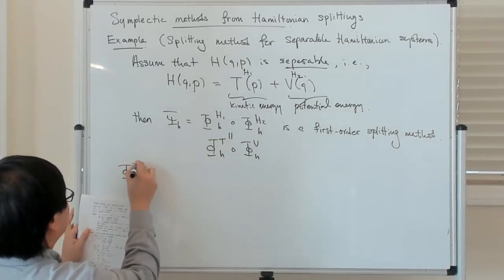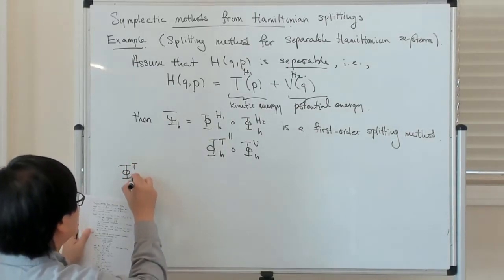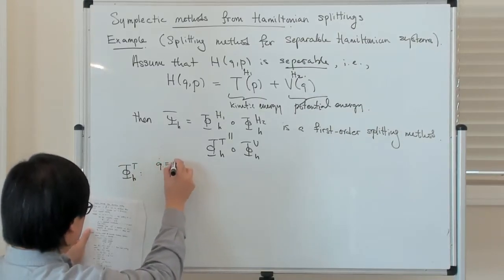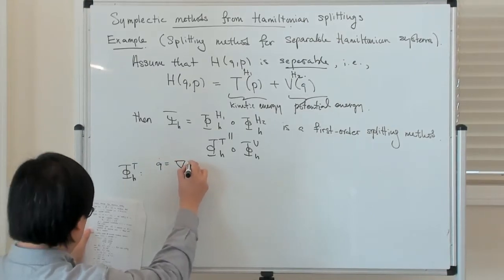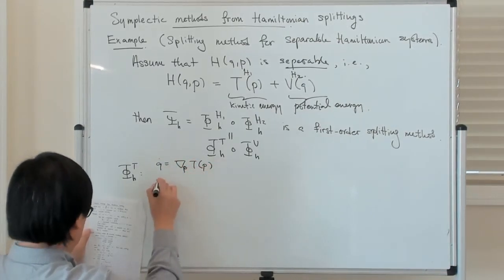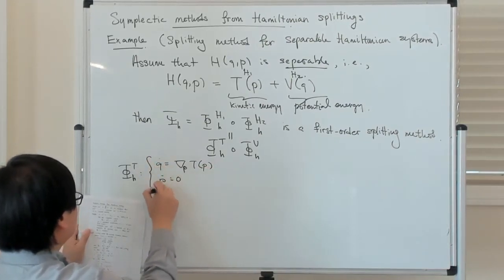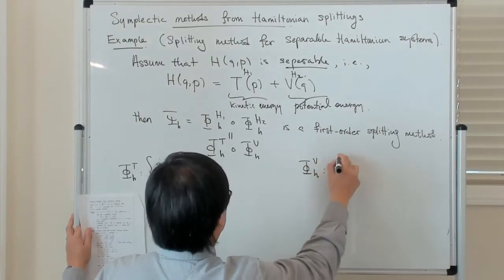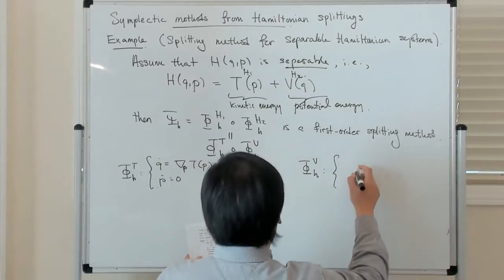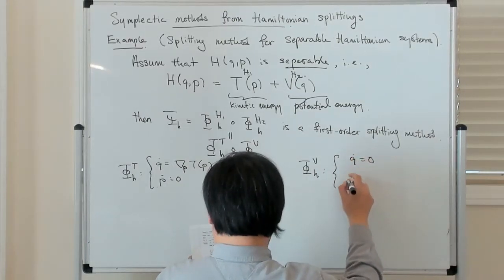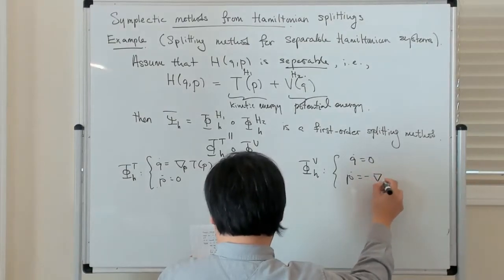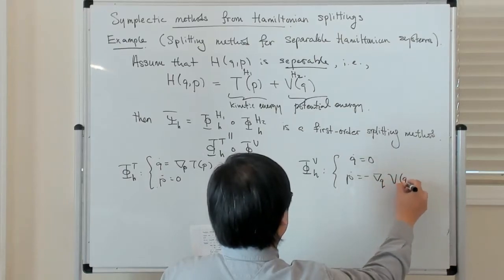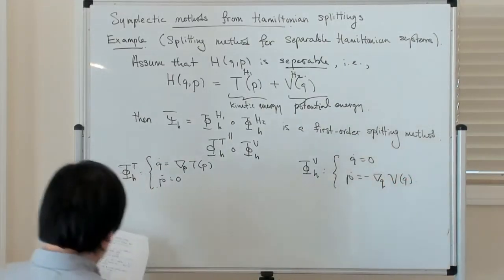The flow map for the kinetic energy piece looks like the following. It's the solution of this differential equation: q dot is equal to the gradient with respect to p of T(p), and p dot is equal to 0. Then the flow map for V looks like the following: q dot is equal to 0, and p dot is equal to minus the gradient with respect to q of V(q).